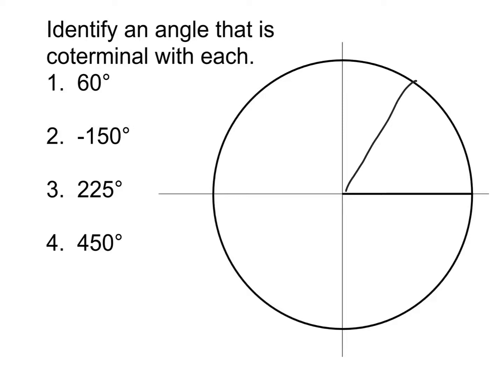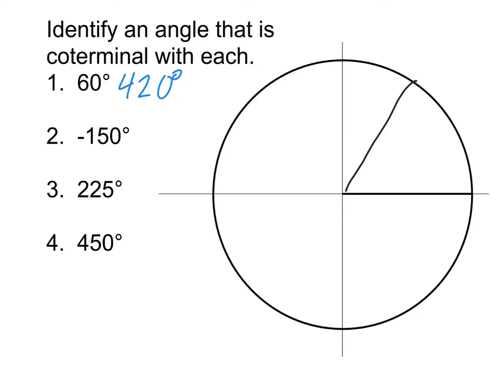So notice that is adding 360 to it. So what is 60 plus 360? Yes, it is 420 degrees. So 420 degrees is also coterminal with 60.